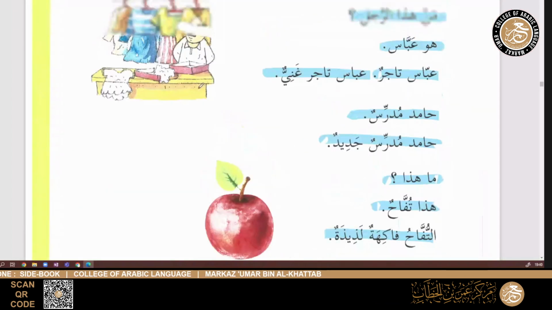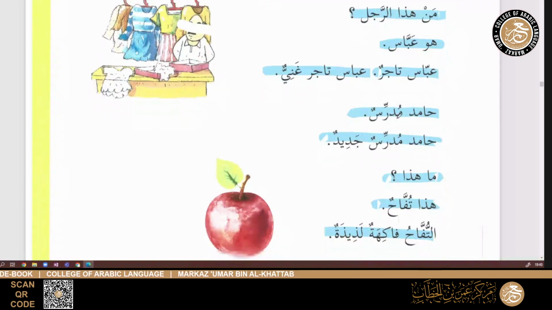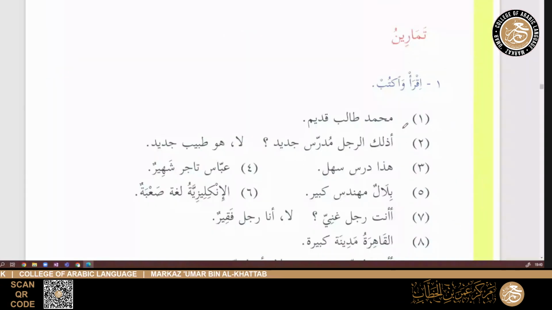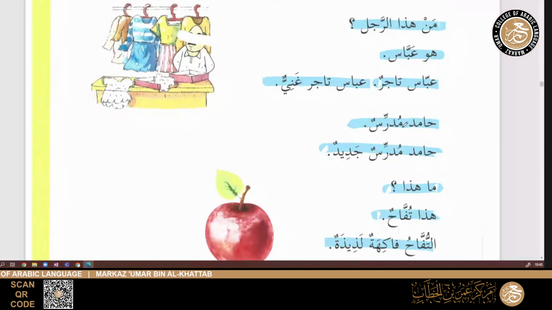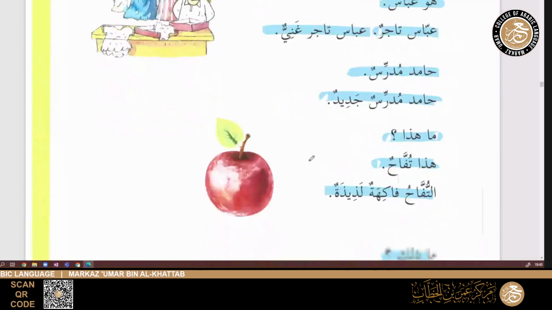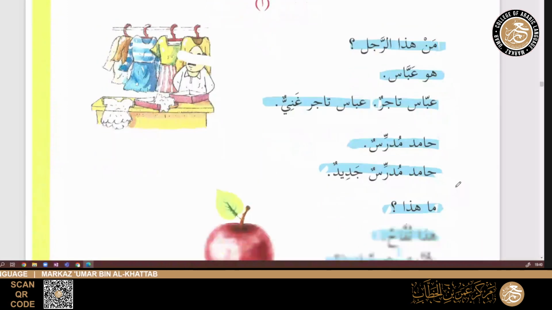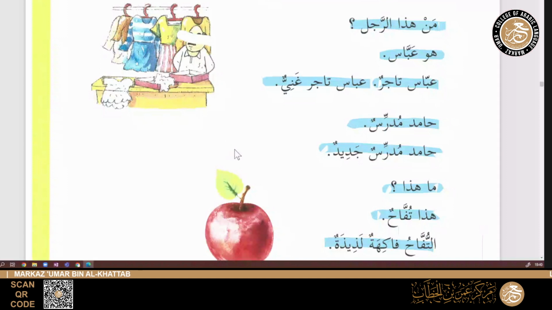So if we go through the meanings quickly, what we're going to study in this lesson is what is known as منعوت ونعت.